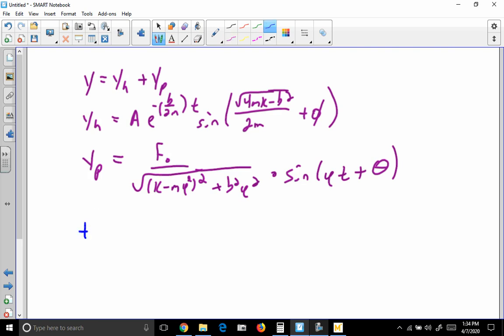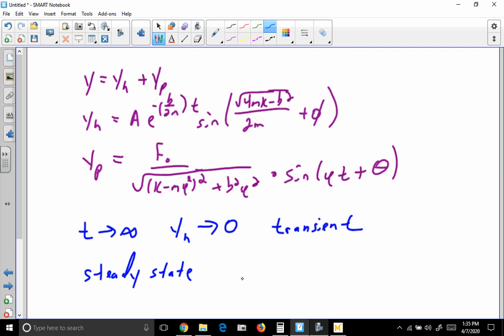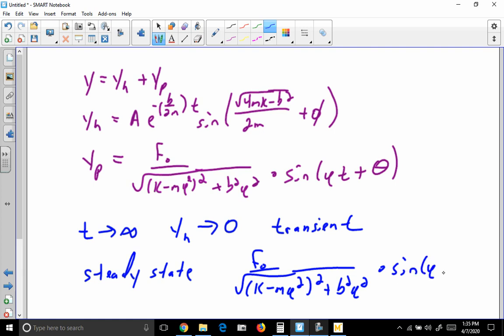So we said that as t goes to infinity, the homogeneous part goes to 0. So we call that the transient part, or the transient term. And as t goes to infinity, the steady state is f sub 0 over the square root of k minus m gamma squared plus b squared gamma squared times sine of gamma t plus phi, or plus theta.